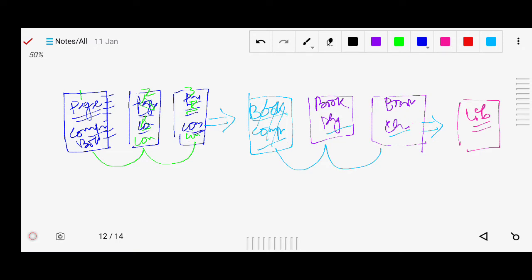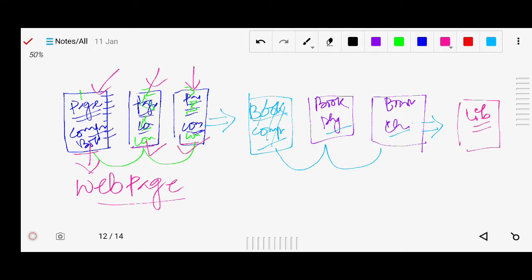Now you can see these different pages, and each page has some information. These pages are called web pages. In terms of a website, each page of your website is called a web page. This is also a web page.